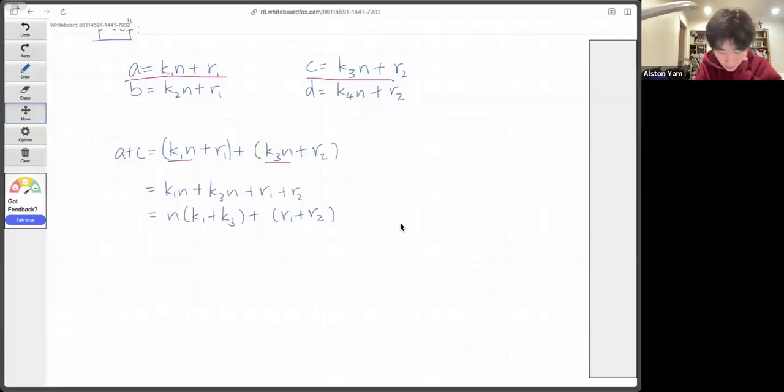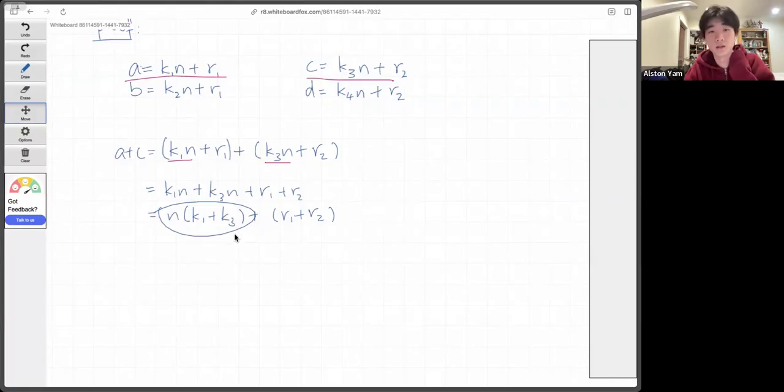Just like how we've done mod n before with our other numbers, 51 mod 4 and 89 mod 7, we can ignore the n times (K1 plus K3) thing under mod n, right?